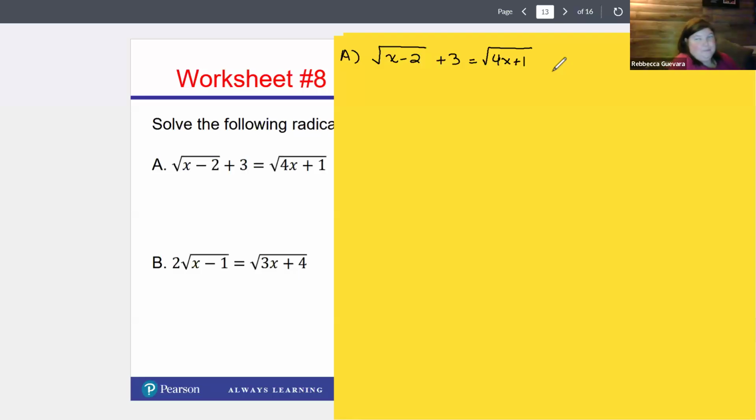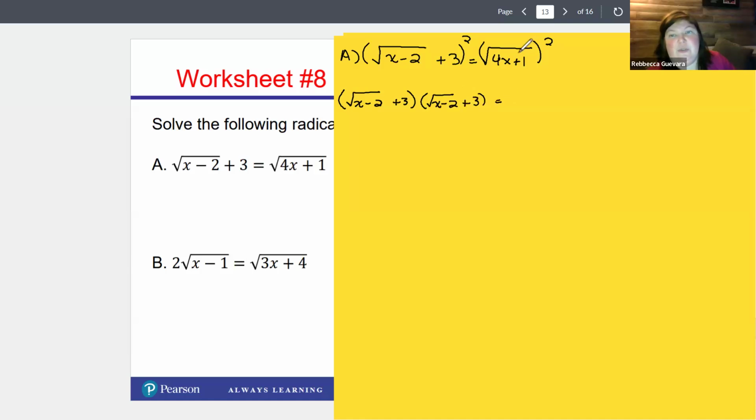So for A, one radical is already isolated, so we don't have to go through the work of isolating one. We're going to have on this side the square root of x minus 2 plus 3, and we're going to multiply that by the square root of x minus 2 plus 3.